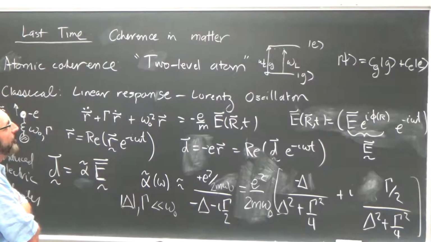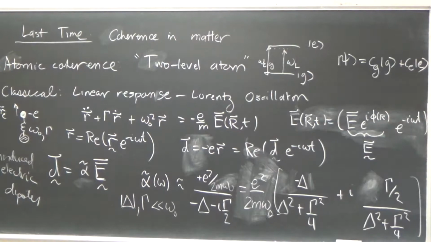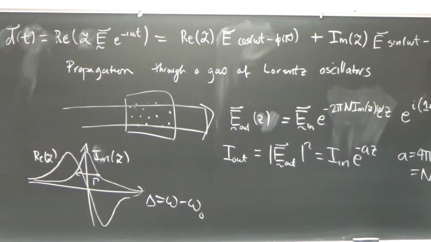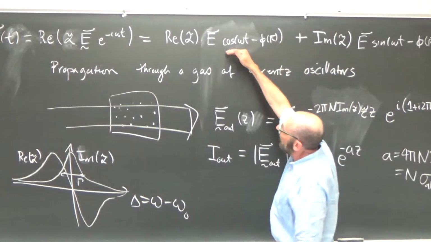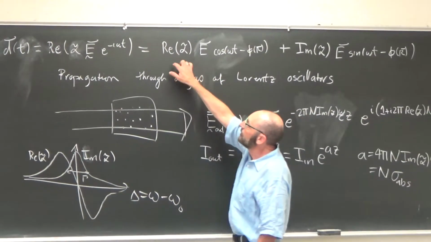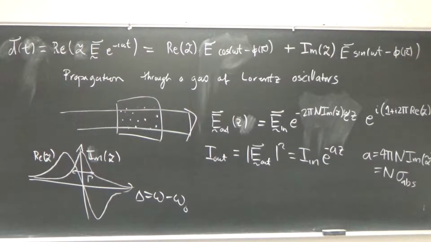the induced dipole moment then has a component that is in phase and in quadrature, 90 degrees out of phase with the driving field, with proportionality constants that are related to the real and imaginary part of the polarizability.